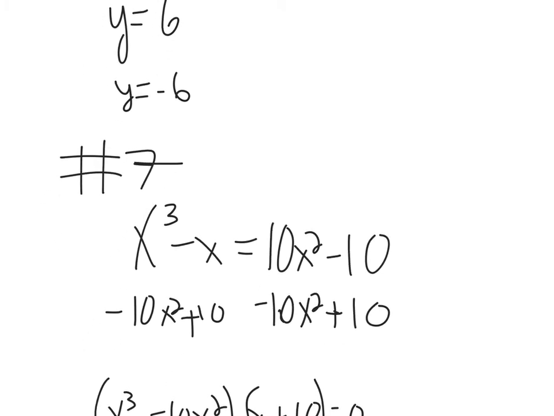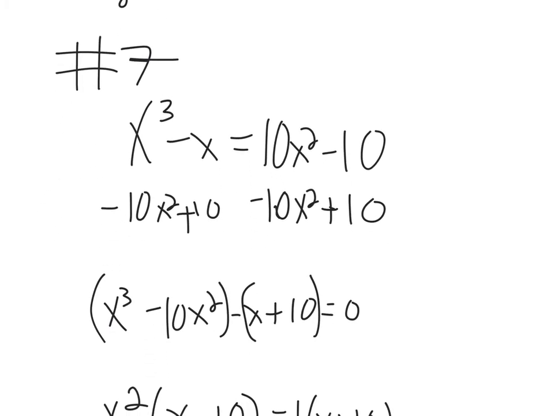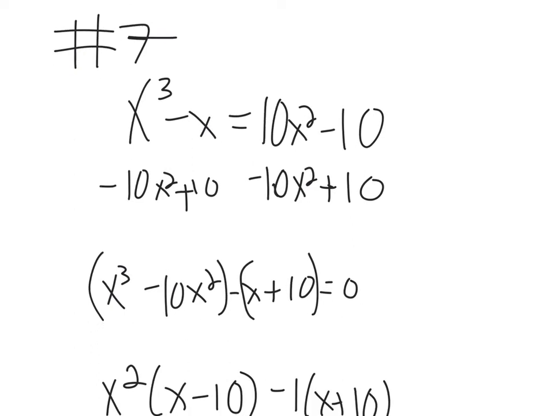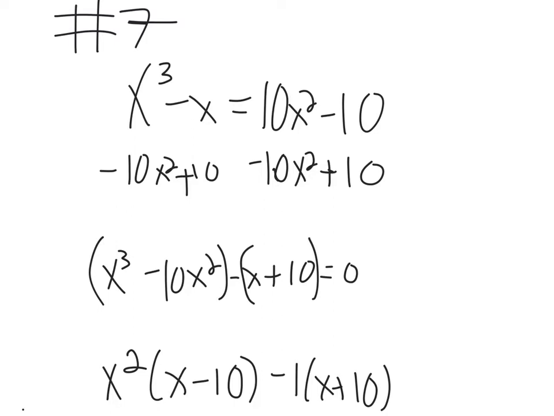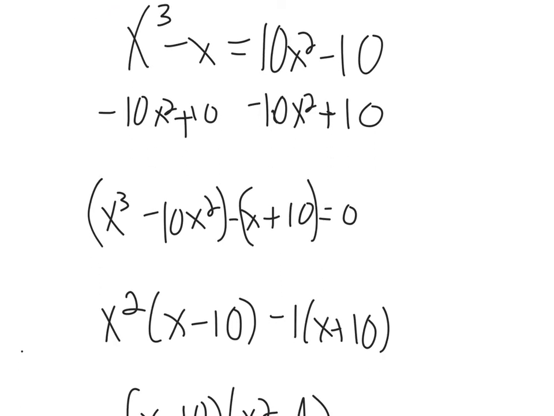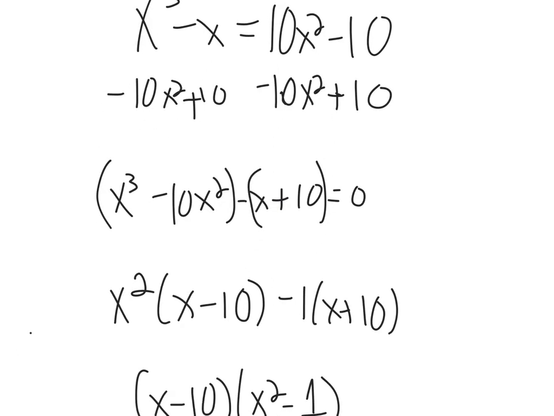And now for problem number 7, it's x cubed minus x equals 10x squared minus 10. So you'd subtract 10x squared minus 10 and bring it over to the other side. You would get x cubed minus 10x squared minus x plus 10 equals 0. And now that you have that, you would factor by grouping.